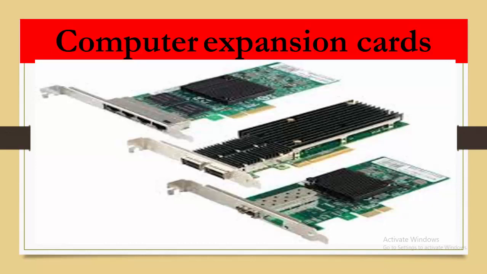An expansion slot contains metallic, typically copper, spring fingers that clamp onto the expansion card's edge connectors when the card is inserted into the slot. The edge of an expansion card has metal connectors that match up to the fingers of the slot and complete the connections between the card and the motherboard and its bus structure.